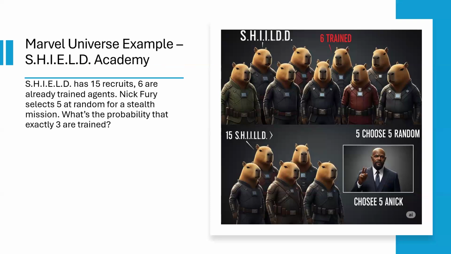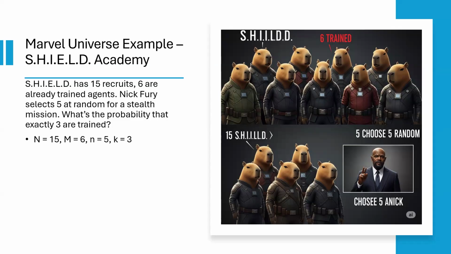Let's take a marvel spin. So SHIELD has 15 recruits and 6 of them are already trained field agents. Nick Fury selects 5 recruits at random for a stealth mission. What's the probability that exactly 3 of them are trained? Again, we're not replacing recruits once they're picked, so this is hypergeometric.